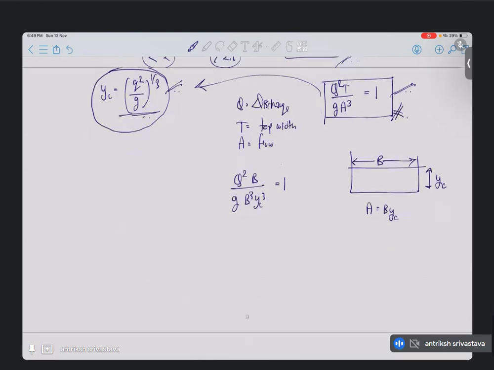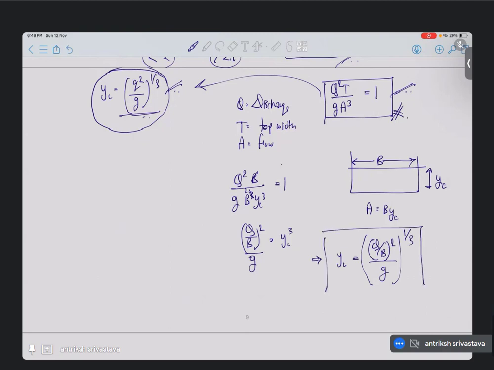So you have Q by B whole square divided by G is equal to YC cube. This implies that YC is equal to Q by B whole square divided by G to the power 1 by 3. So don't always use this formula for critical depth. Only use this when you have a rectangular channel.